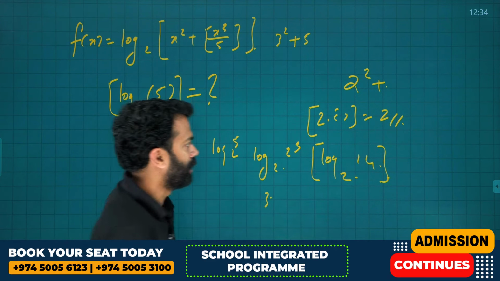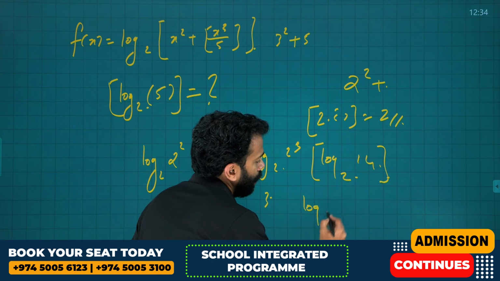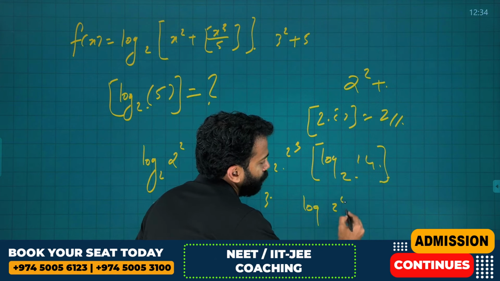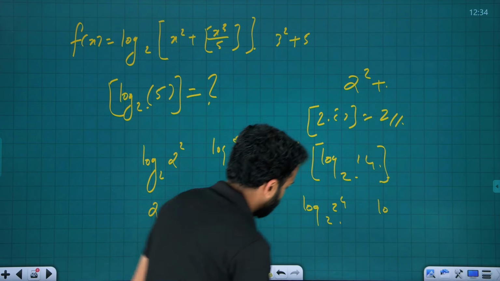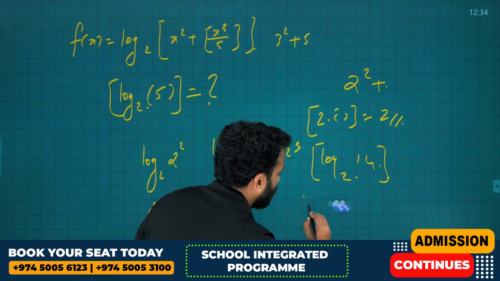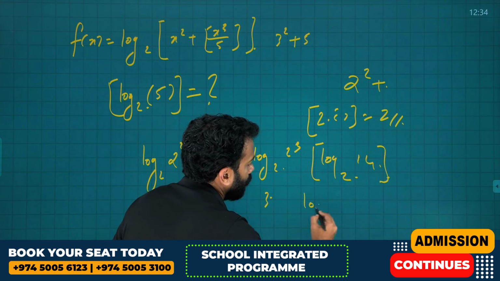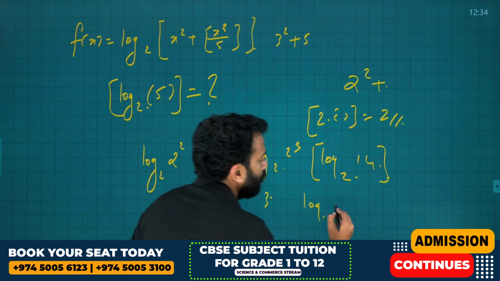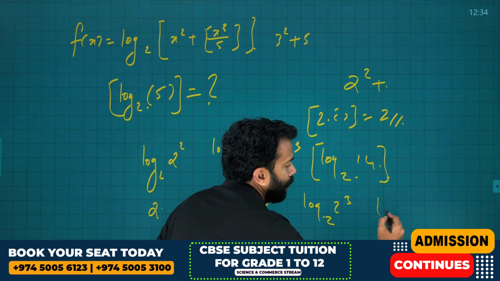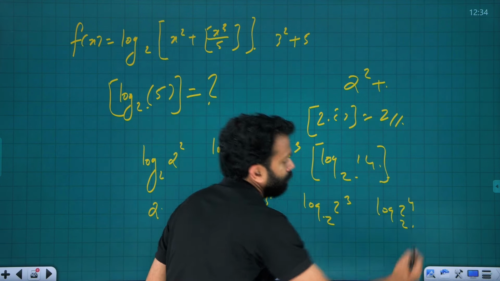Easy actually. This value lies between log 16 and log 8, that is, log 2 cubed to the base 2 and log 2 raised to 4 to the base 2.